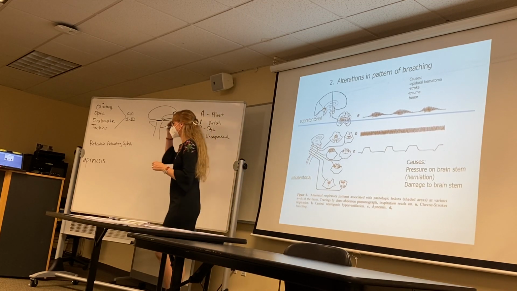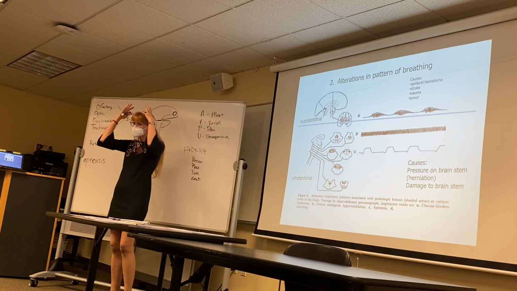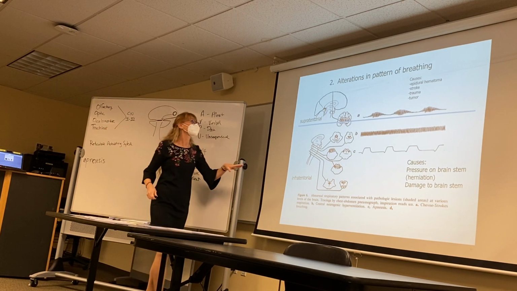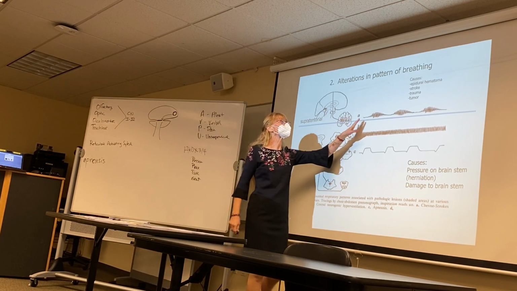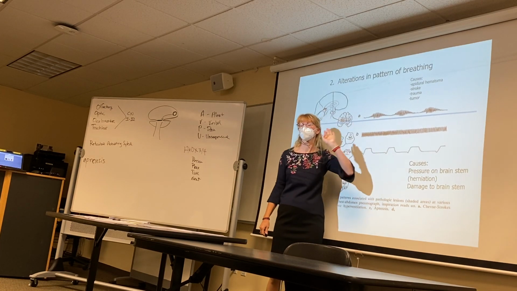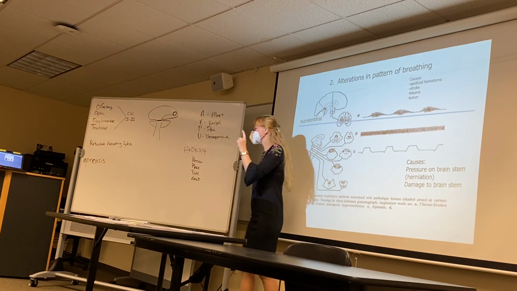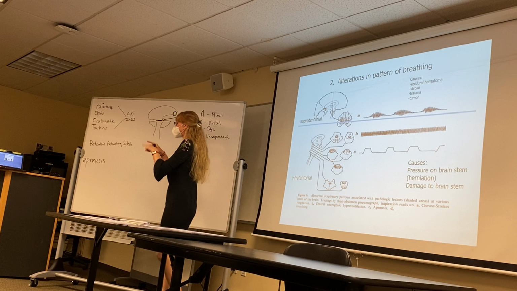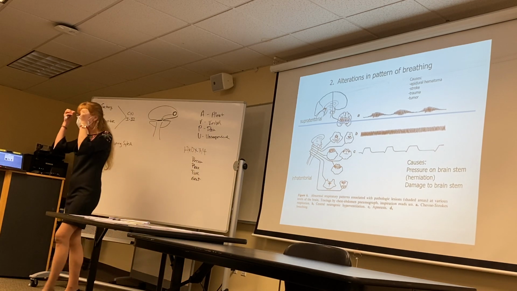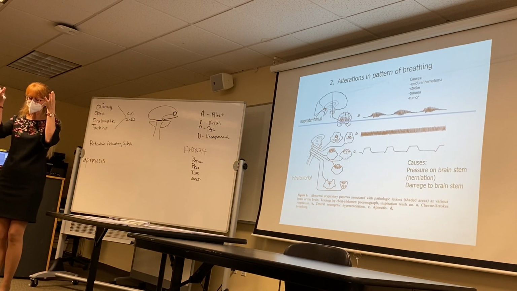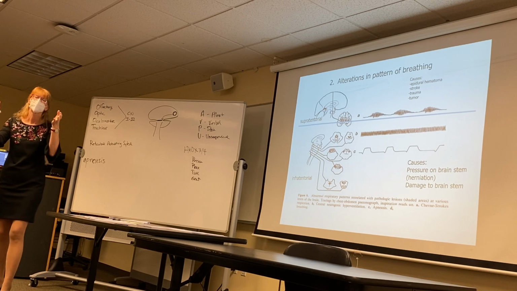If there is dysfunction supratentorially, in the cerebrum, we may see something like Cheyne-Stokes. Cheyne-Stokes is a respiratory pattern that shows there's a dysfunction with the brain understanding the levels of CO2 and oxygen in the body.